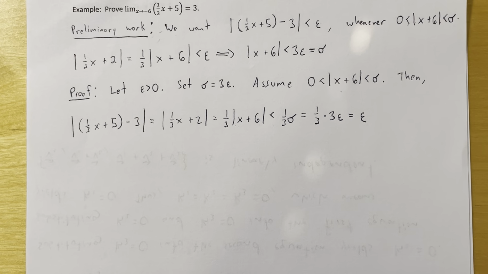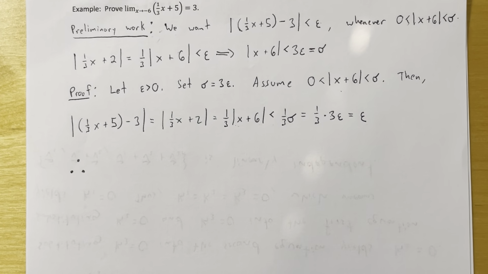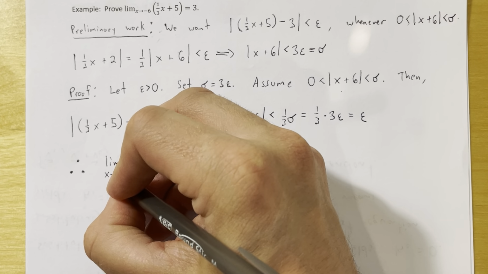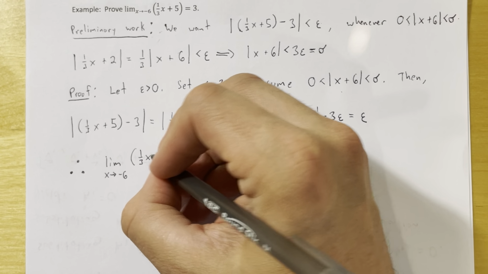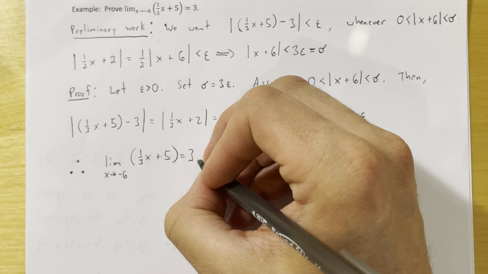That's the proof that we were looking for. So we can say, therefore, if you remember, these 3 dots in a triangle mean therefore, the limit as x approaches -6 of 1/3 x plus 5 equals 3.